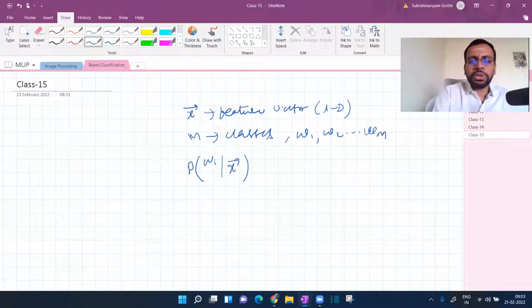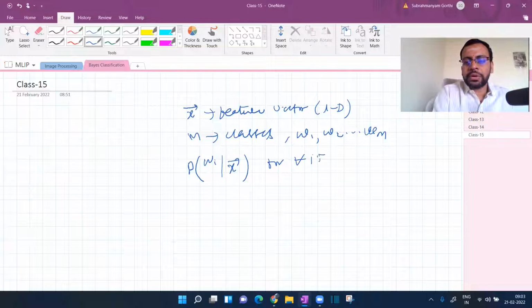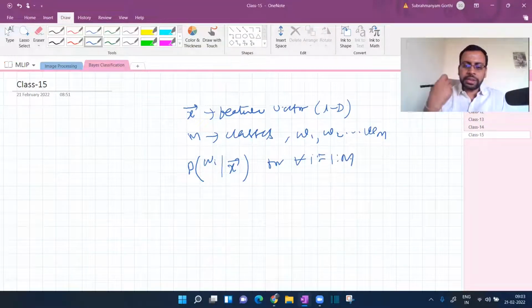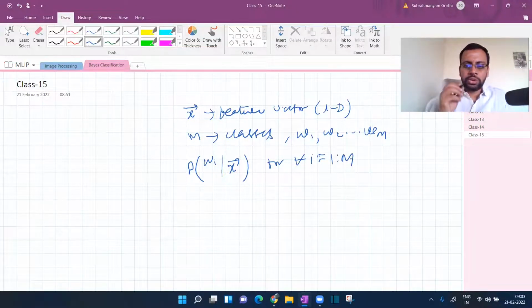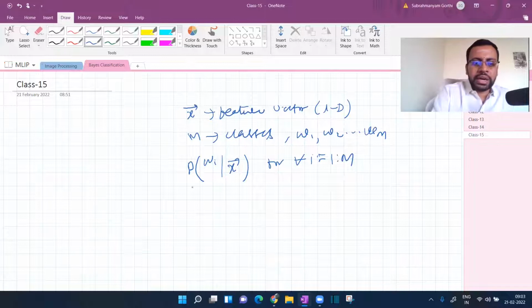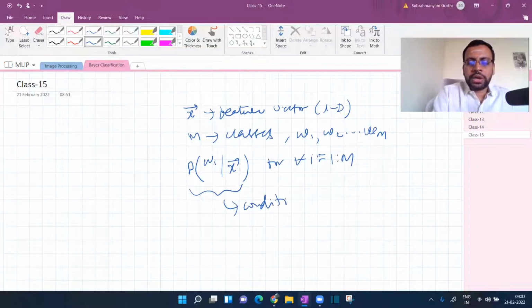So you would compute this for all values of i from 1 to m, and pick the one which has the maximum probability. That's how you would decide. And this is referred to as conditional probability or a posteriori probability.